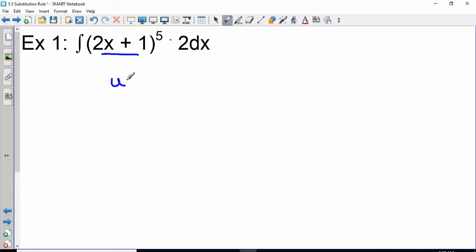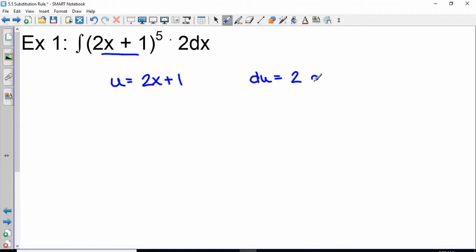So we can say that is our u. Now this is a problem where we wouldn't need to do substitution. We've integrated something like this before, but I'm going to start with these to explain the process. Then du is the derivative of this. What is the derivative of 2x plus 1? 2.